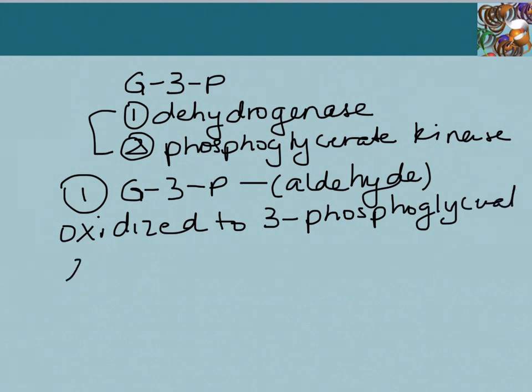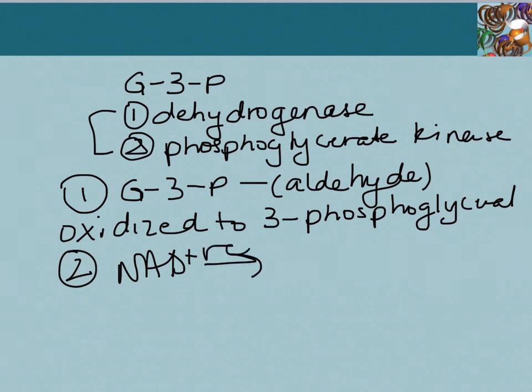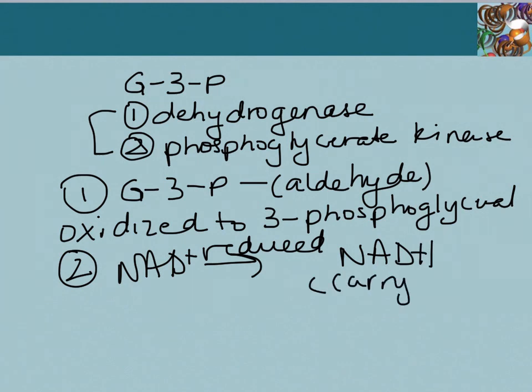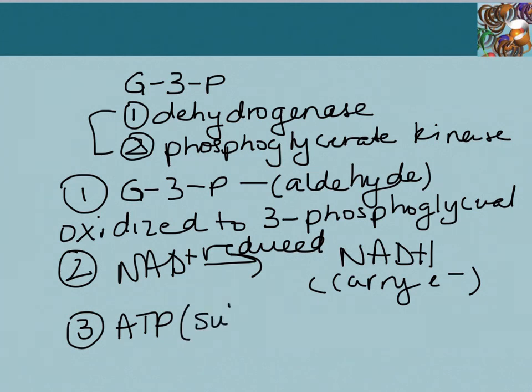Okay. We had an NAD plus and we converted it. It got reduced to NADH. This is going to be used to carry electrons for us to oxygen. And we formed ATP from ADP and Pi.